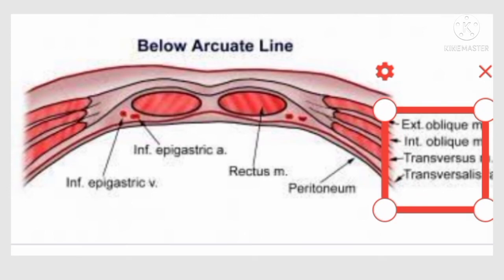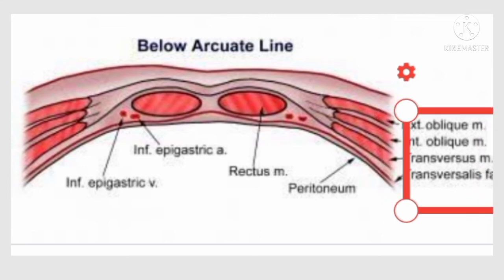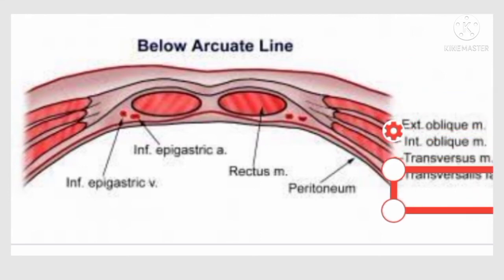As you can see in the figure, the aponeuroses of the transversus abdominis and internal oblique muscles are fused, but the external oblique aponeurosis remains separate. The posterior wall of the rectus sheath below the arcuate line is deficient, and the rectus muscle rests on the fascia transversalis. As you can see in the figure, this is the fascia transversalis.